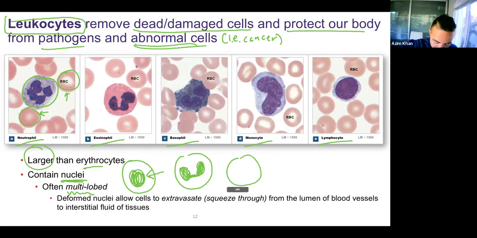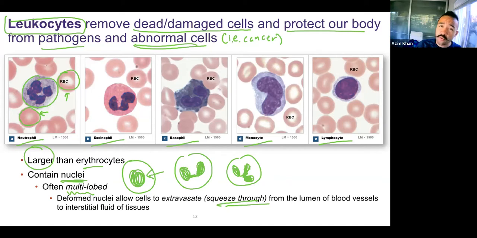Or it could be separated into 3 parts, or maybe even more. It can get pretty interesting. The reason for having these multi-lobed nuclei is so that these leukocytes, white blood cells, can squeeze through into or out of blood vessels.